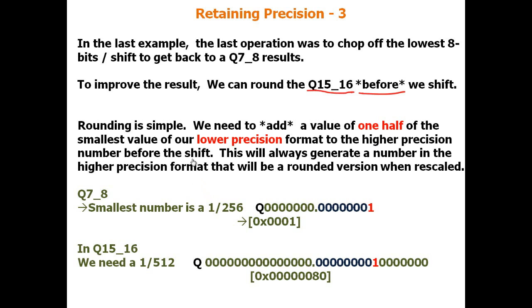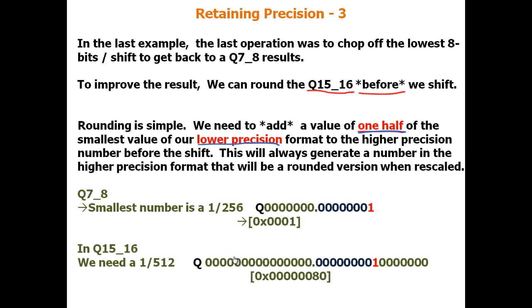We just have to add a magic value. We have to add 1/2 of the smallest value that the lower precision format can represent, in this higher precision format. This will always generate a number in the higher precision form that will correctly round.